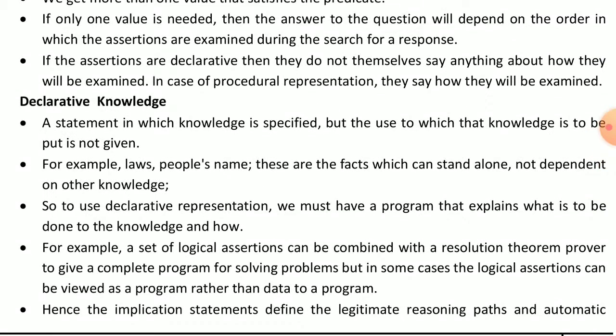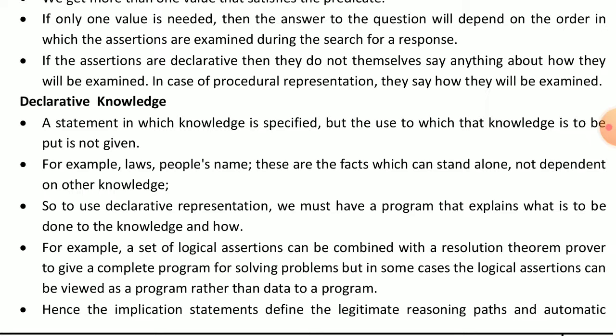Now declarative knowledge is a statement in which knowledge is specified, but the use to which that knowledge is to be put is not given. A statement is given, so we can find out the knowledge, but the knowledge description is not given.